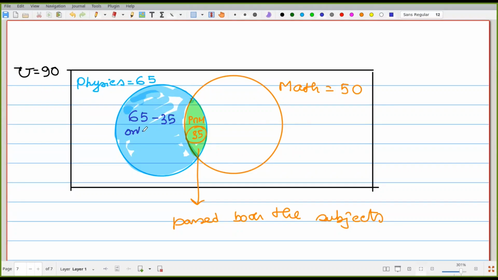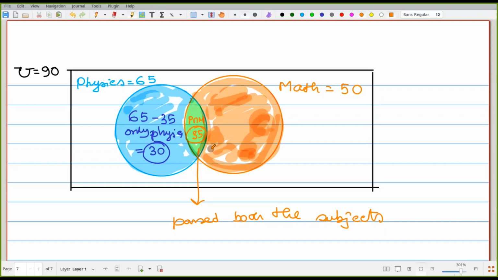That is only physics, and that one means 30. Same as if we proceed with the only math, that one is our only math. So only math means 50 minus 35, that portion. So that one is 15.